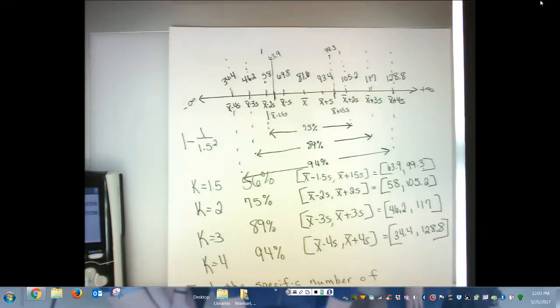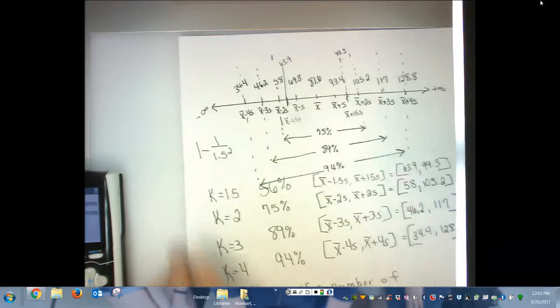Then I can ask you specifically, how many values in this data set fall within 1.5 standard deviations of the mean? Chebyshev promises 56%, but specifically speaking, how many of the values fall there? So let's do that.